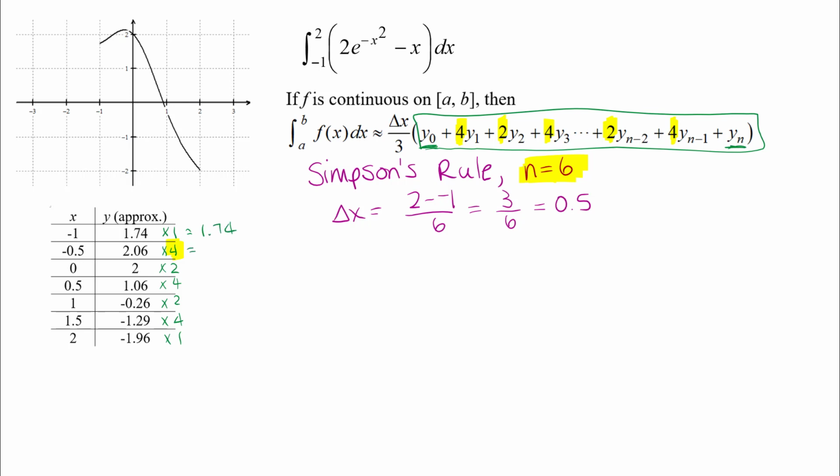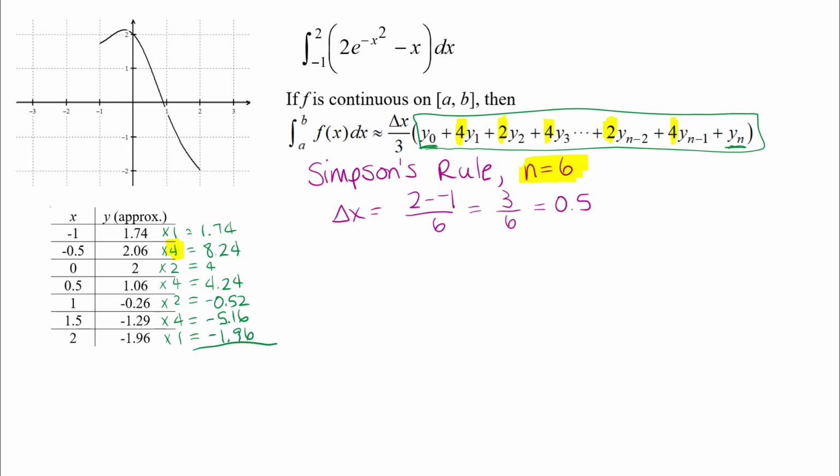Alright, so we're just going to go ahead and do these multiplications. 2.06 times 4 is 8.24, 2 times 2 is 4, 1.06 times 4 is 4.24, negative 0.6 times 2 would be negative 0.52, negative 1.29 times 4 is negative 5.16, and then of course multiplying by 1 doesn't change anything, but writing it like this helps keep everything lined up.